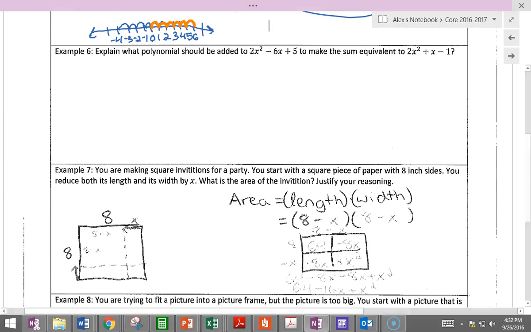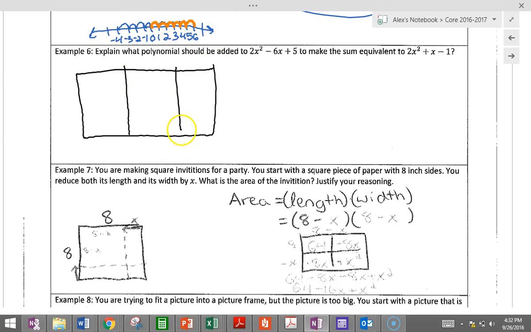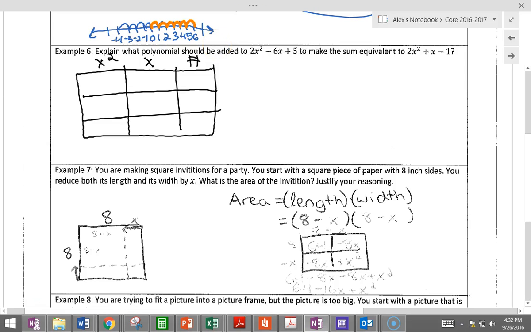Same type of thing. I'm going to draw in that box. 3 by 3. And again, this is always my x squared column, this is my x column, and that's just my number column, okay? So, what polynomial should be added to 2x squared minus 6x plus 5? That's my first polynomial.